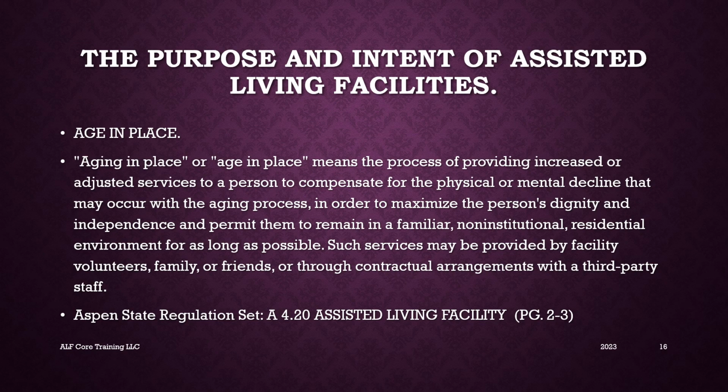Aging in place means the process of providing increased or adjusted services to a person to compensate for the physical and mental decline that may occur with the aging process in order to maximize the person's dignity and independence and permit them to remain in a familiar, non-institutional, residential environment for as long as possible. Such services may be provided by facility volunteers, family, or friends, or through contractual arrangements with third party staff.